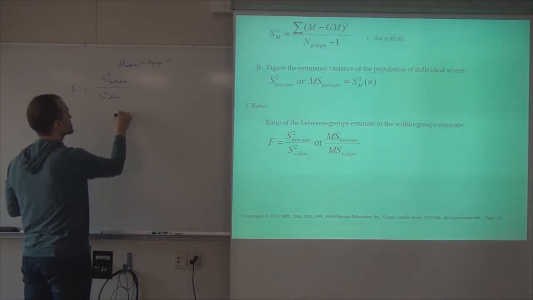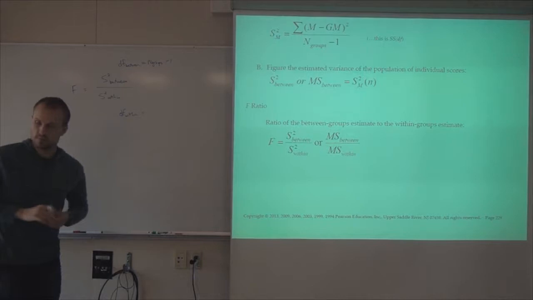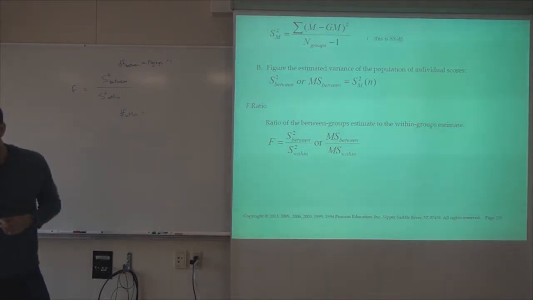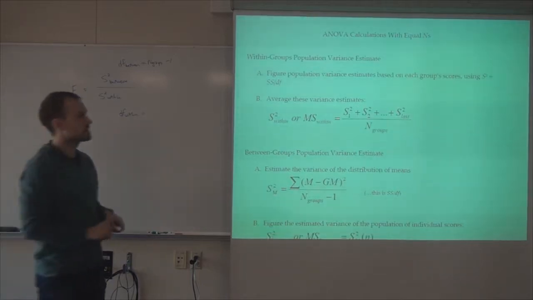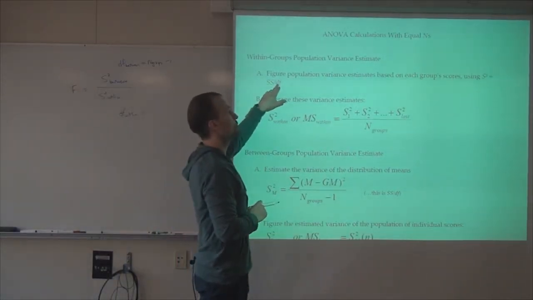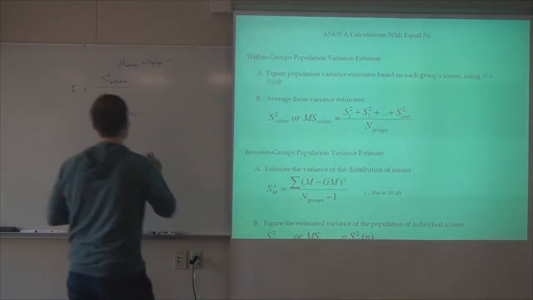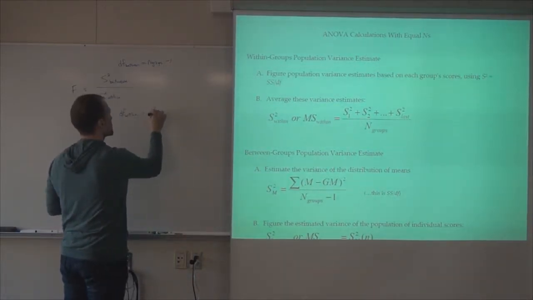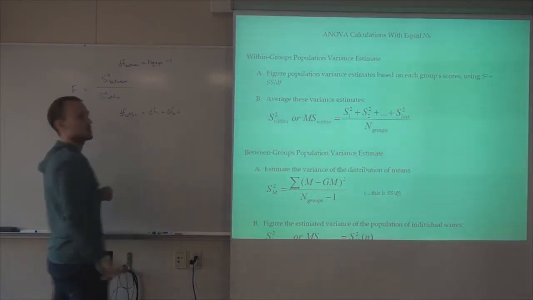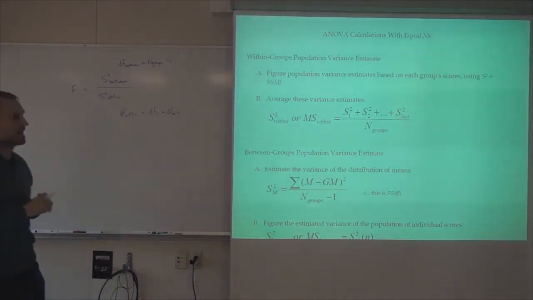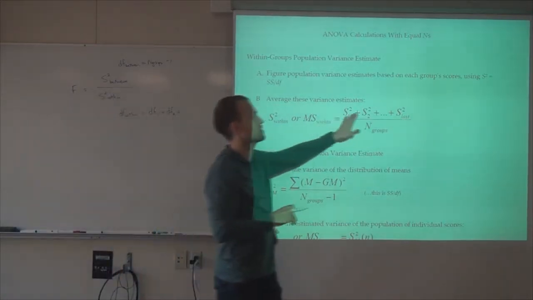This one, the degrees of freedom within, is going to be the degrees of freedom for each of the samples. So it's going to be the degrees of freedom for sample 1, degrees of freedom for sample 2, and so on, for however many I have to compare, first one to the last one.